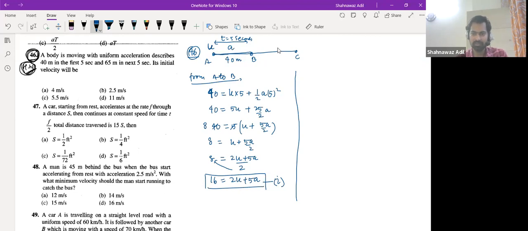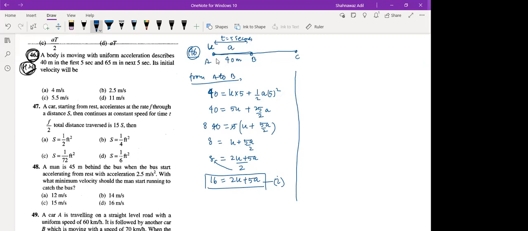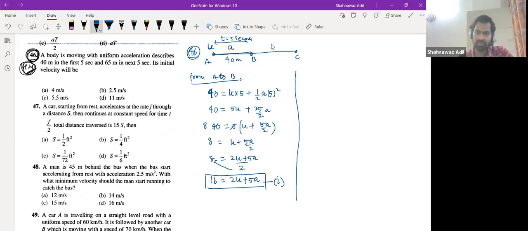Throughout the journey, if something is uniform, that throughout the journey it is same, right? So acceleration would be again this, uniform, right? Throughout the journey, same acceleration. That is what we mean by uniform acceleration, right?